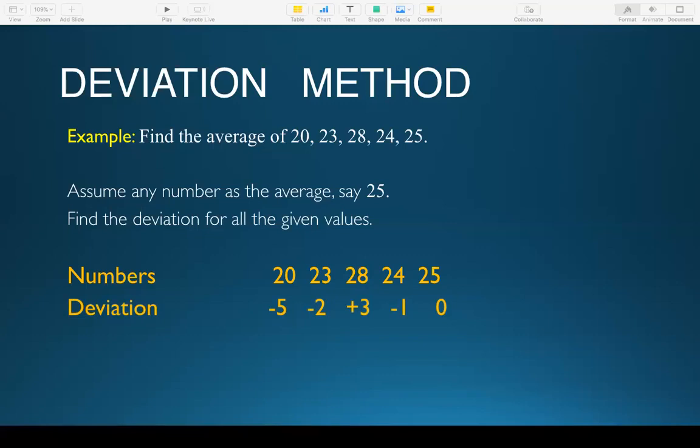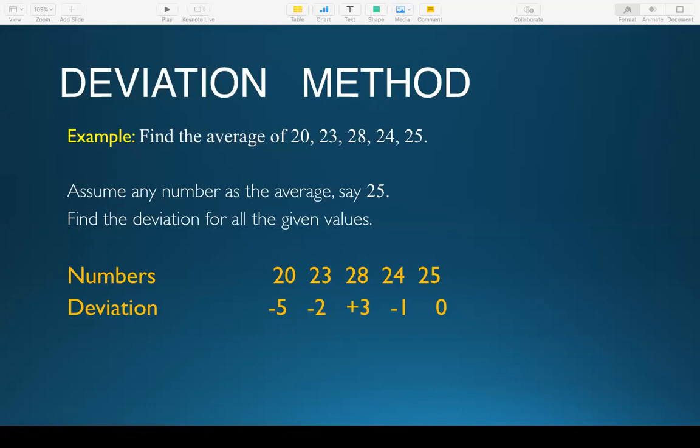In the first case, the deviation for 20 will be 20 minus 25, so that gives you -5. In the second case, the deviation will be 23 minus 25, that gives you -2. In the third case, +3. In the fourth case, -1. And in the last case, since we assumed the average to be 25, the deviation of 25 from 25 will be 0.